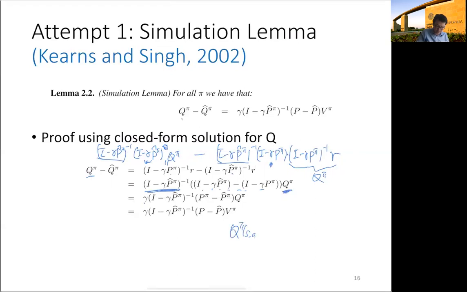Notice that Q pi S A is equal to V pi S multiplied with pi A given S. So by grouping this pi with the transition, we can get rid of the pi dependence on these transition kernels.